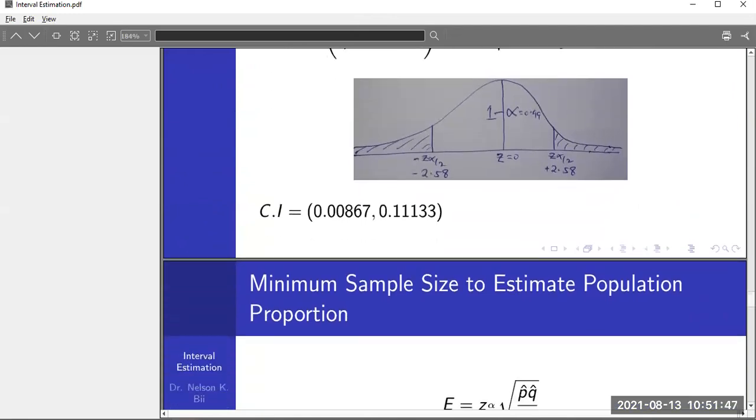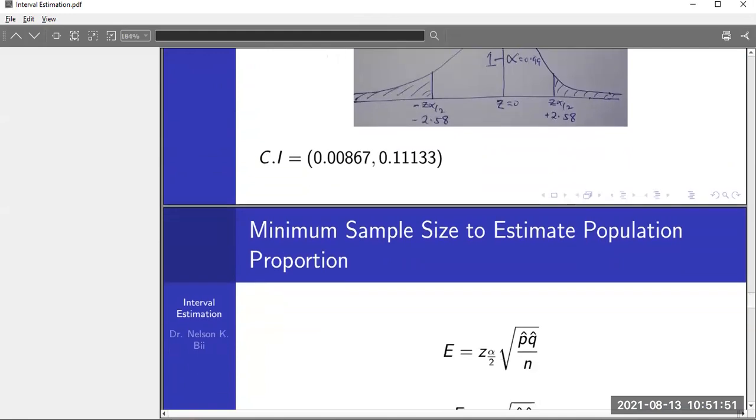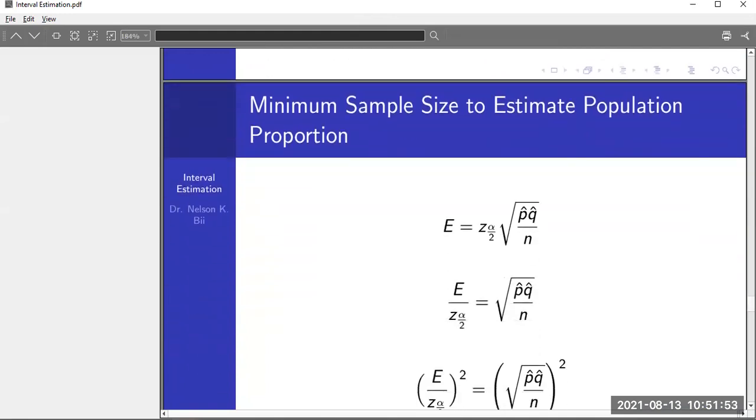That's okay. So let's look at the minimum sample size to estimate the population proportion. So what is the minimum sample size required to estimate the population proportion? So if you let E be the amount of the error, okay, then of course, this is the estimate of the population proportion with characteristic of interest.